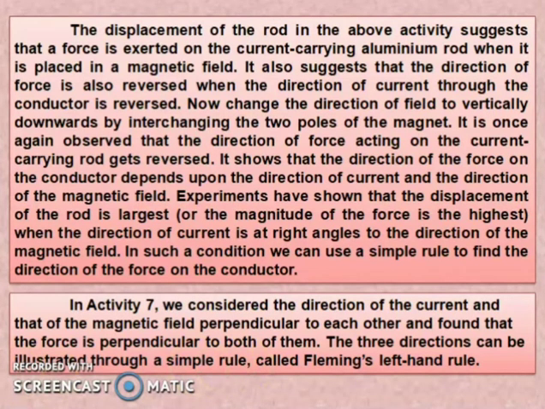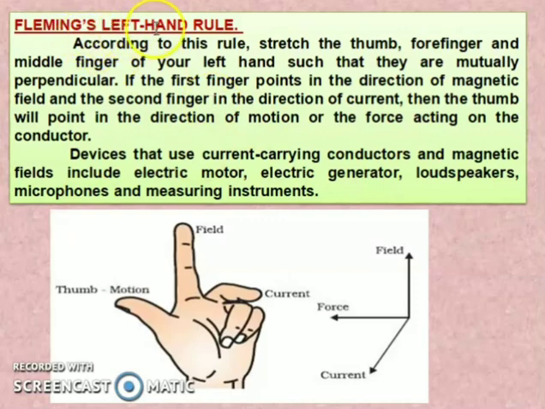So what is Fleming's left-hand rule? According to this rule, stretch the thumb, forefinger and middle finger of your left hand such that they are mutually perpendicular.